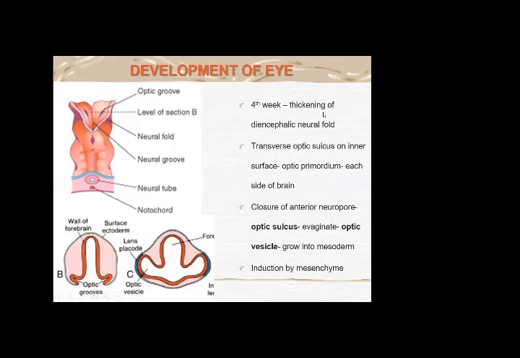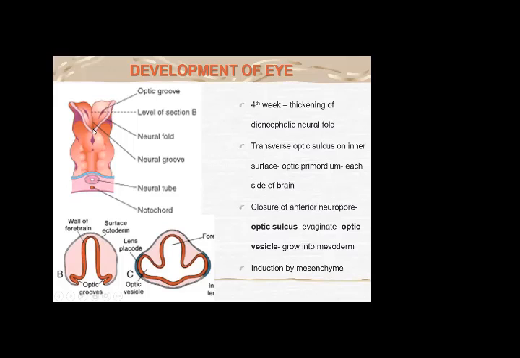During the 4th week of intrauterine life, the eye begins to develop. This is the developing forebrain. This is the neural tube. Here you can see the somites and notochord. At the cranial end, you have thickened neural folds.